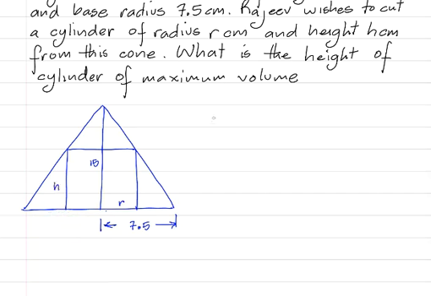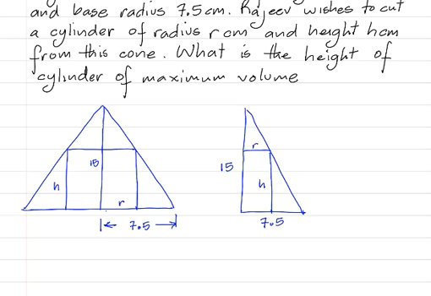Now, just taking half of this cross section, a triangle. This is 15, and this is 7.5, the base radius. From this, Rajiv is cutting out a cylinder. The height of the cylinder is h, and the radius of the cylinder is r.